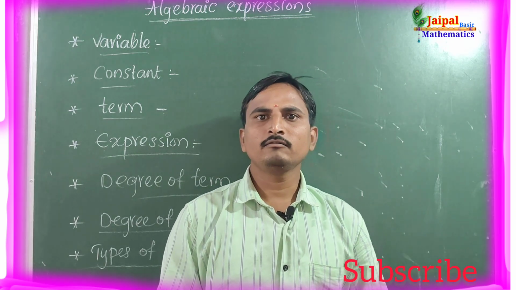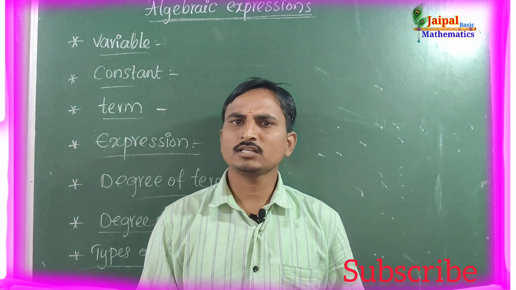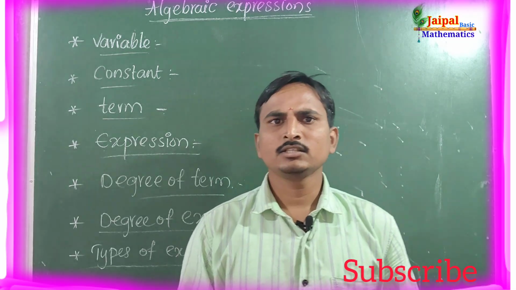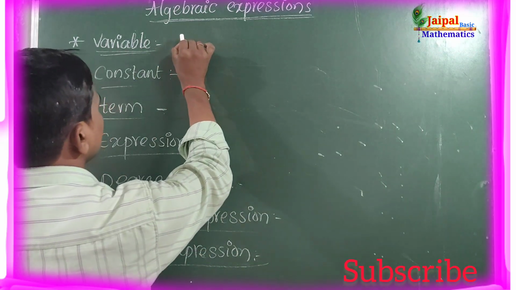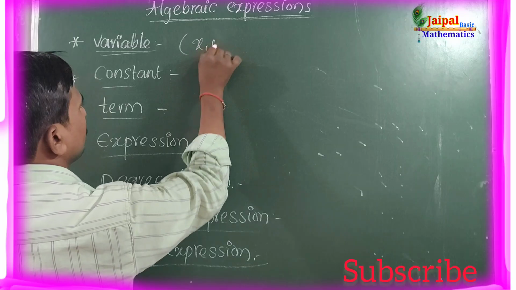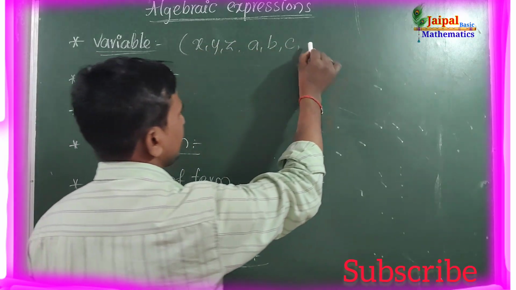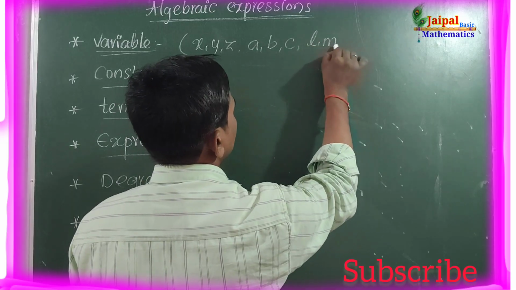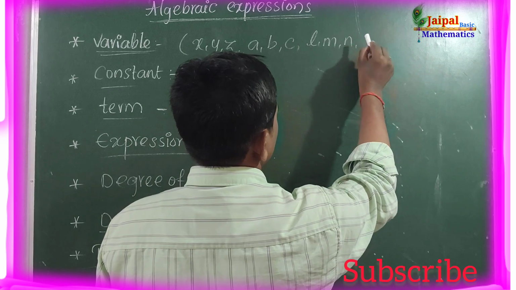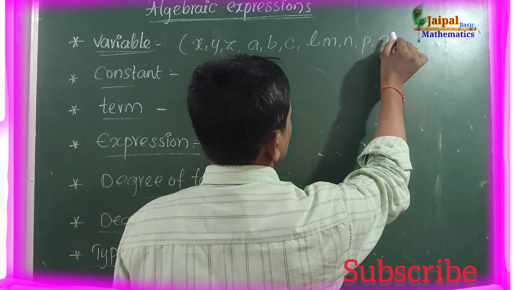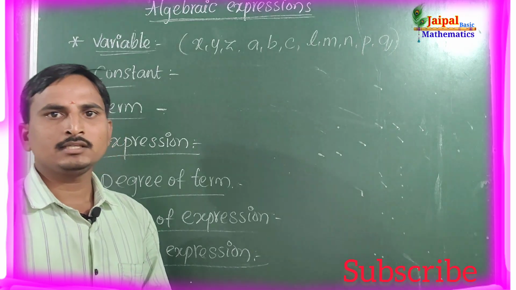Mathematically we use some English alphabets as variables. The variables we use are x, y, z, a, b, c, l, m, n, p and sometimes q. So these are variables. We use English letters as variables.